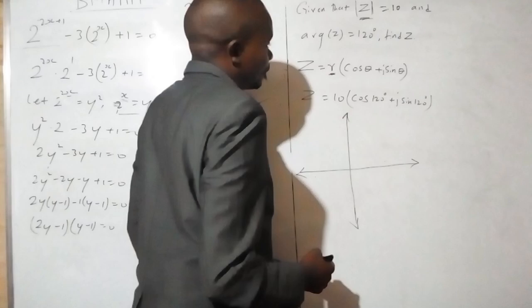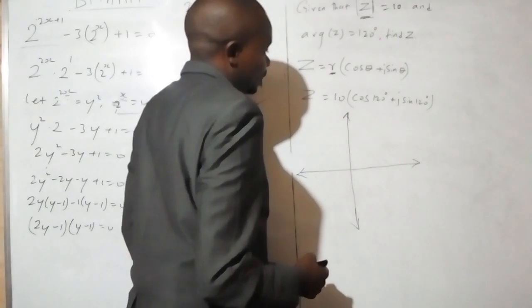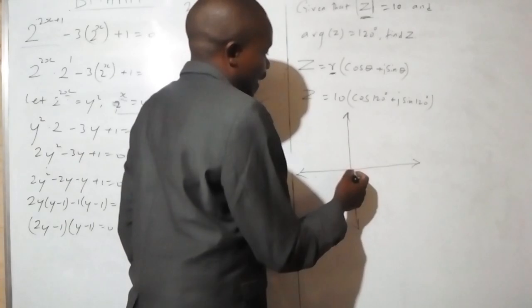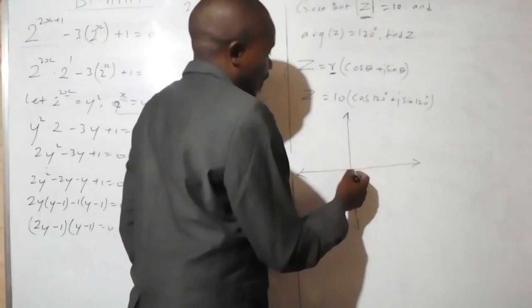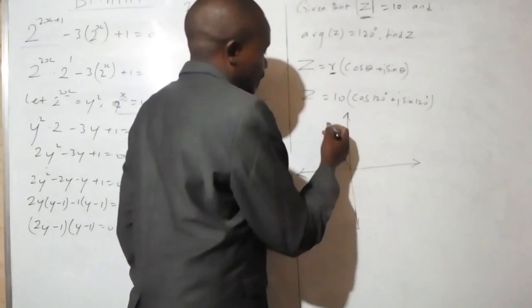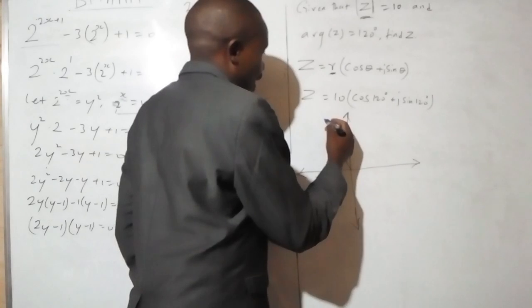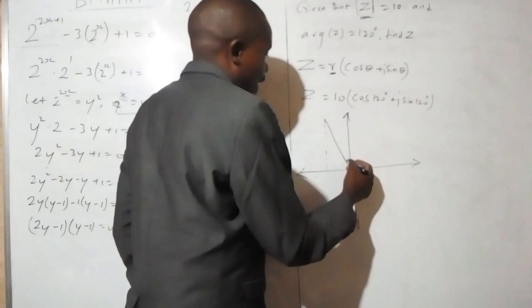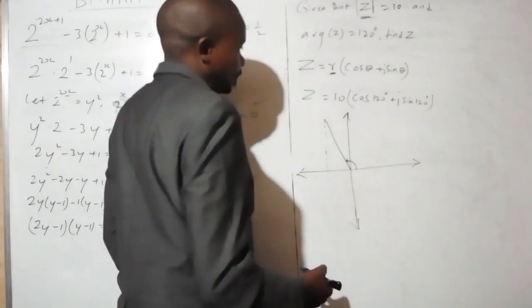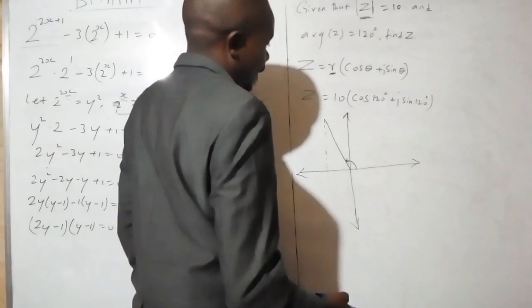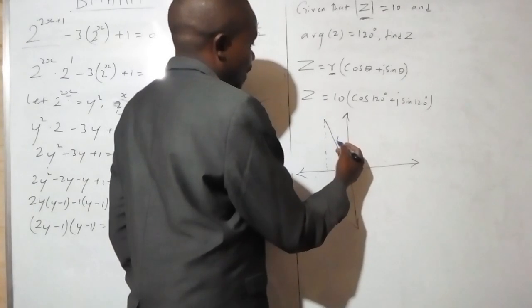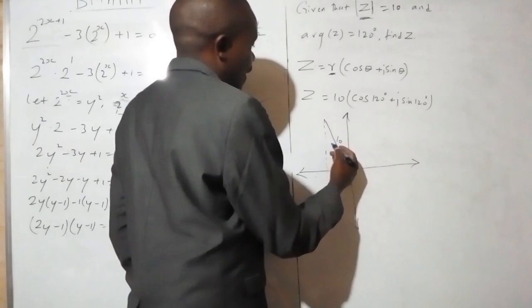Having drawn that, where is 120? It's around here. That's 120. Here we know it's 10, so this side is r, the hypotenuse.